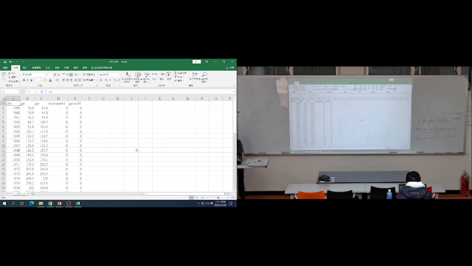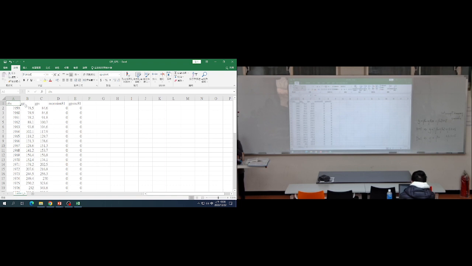One is the recession period, then 0 is without recession. So GPI and GPS.